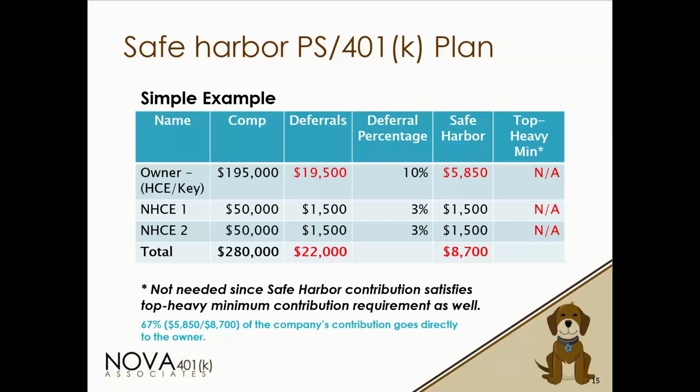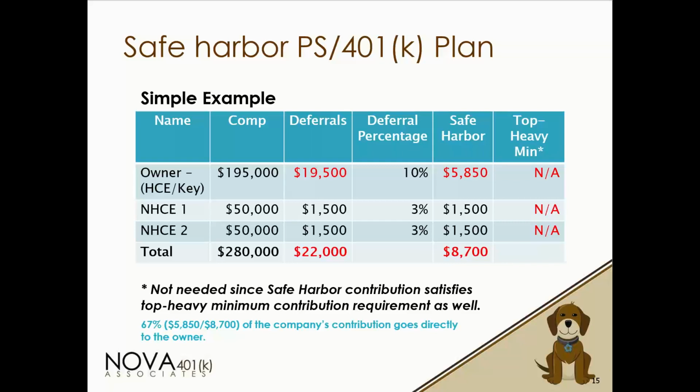And then the non-highly compensated employees are 1 and 2. They can defer nothing. In this case, we show them both deferring $1,500. They are also both getting a 3% safe harbor contribution.